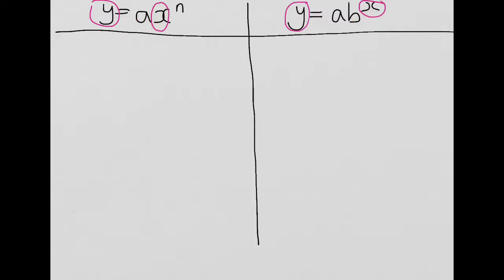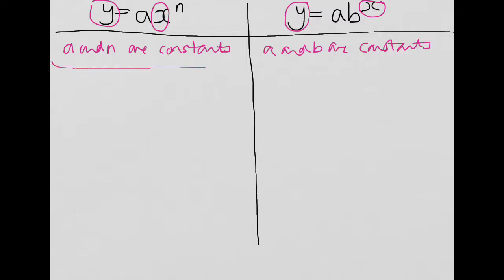And I'm just going to write under here, a and n are constants, so that value doesn't change, and a and b are constants, so their values don't change again, but we don't know what they are.